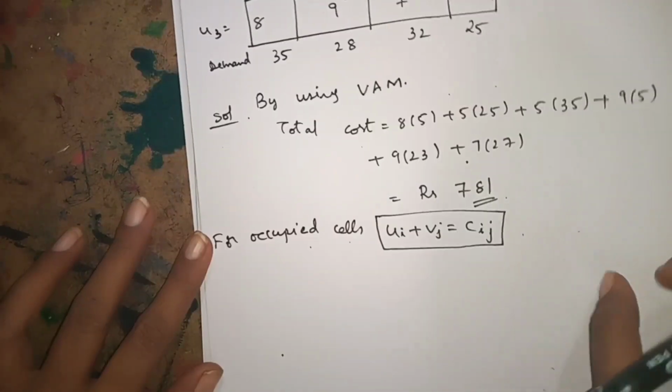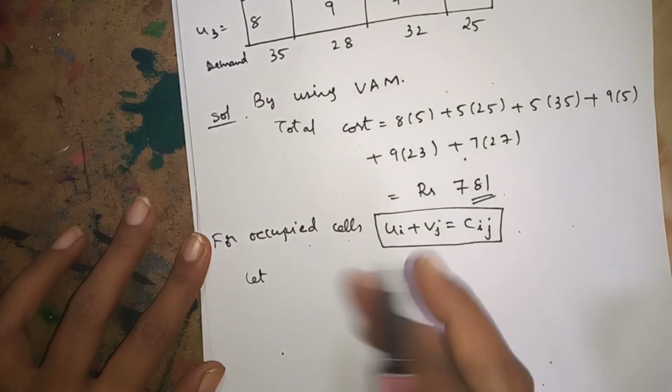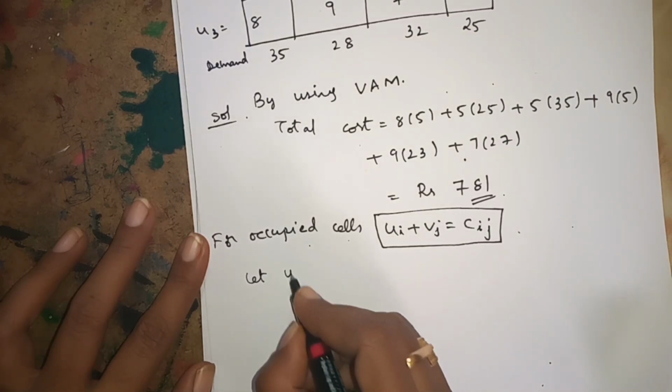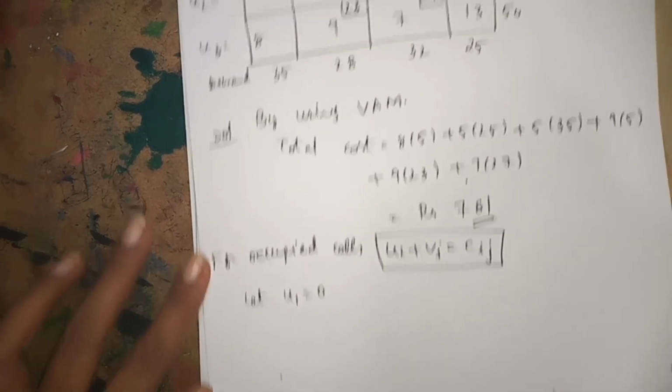To find all the values, let us assume any one of the values is equal to 0. Out of these, take any one value as 0, because to find the remaining values, let us assume that U1 is equal to 0. Using this value, we can find the remaining values.